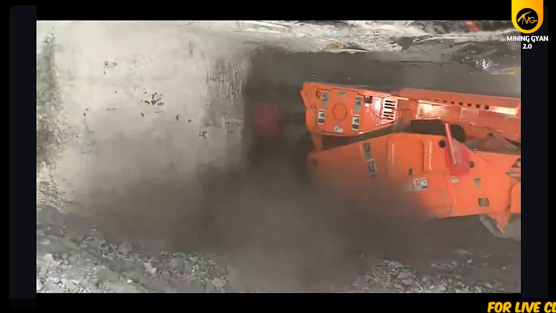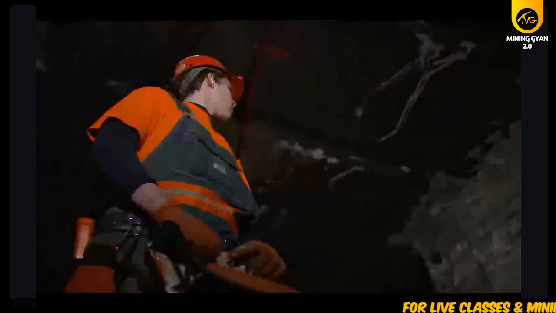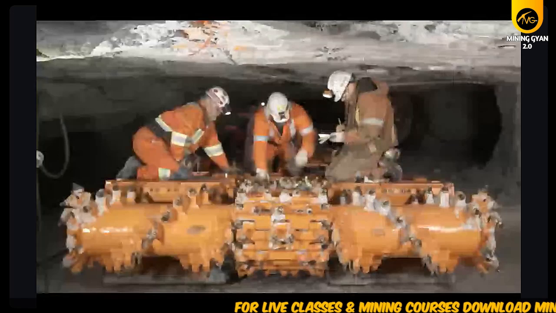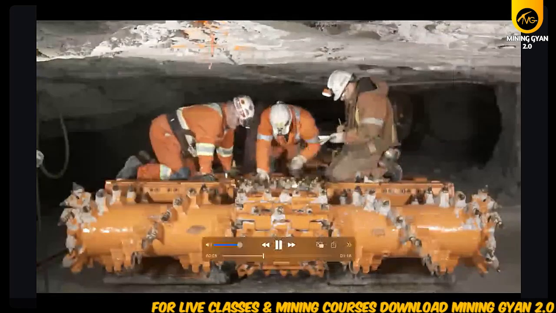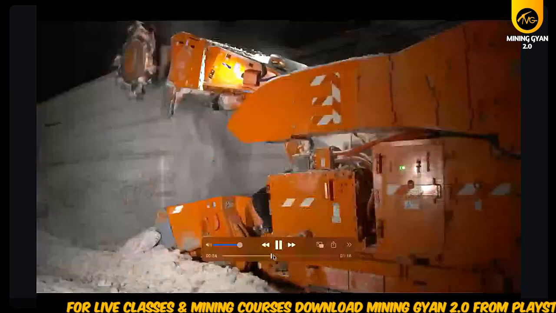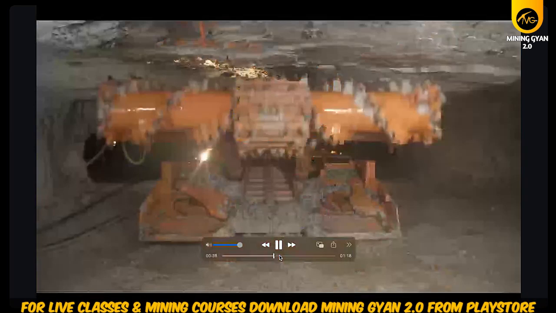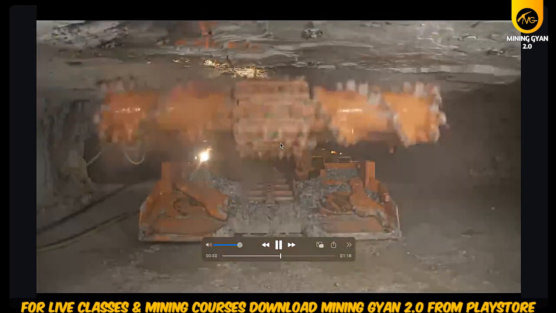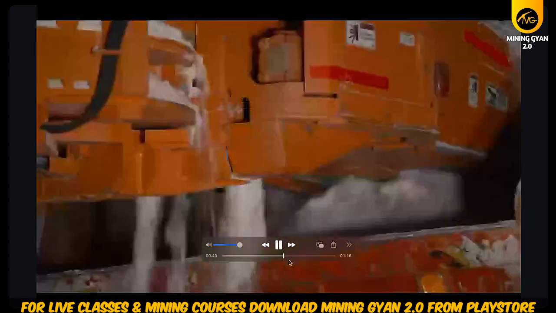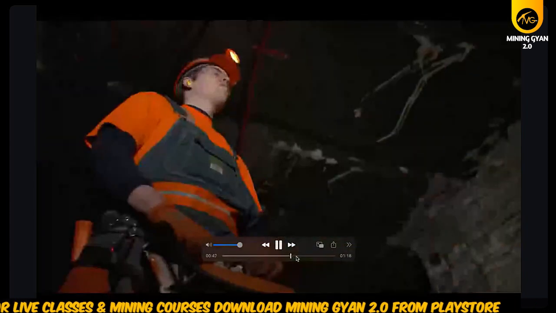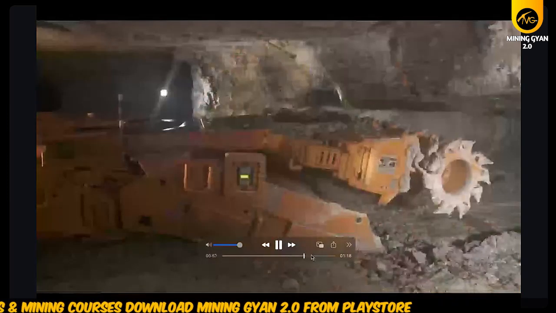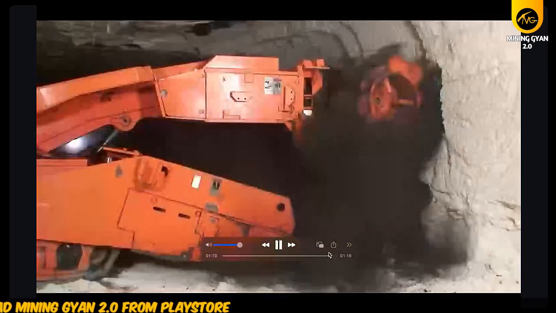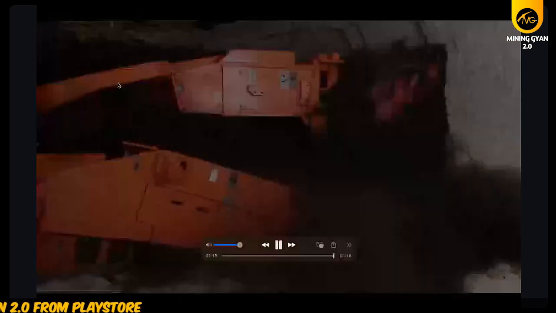And the bucket wheel excavator cuts down, and that also has a shiftable conveyor. And its boom can be moved vertically. It can be operated by remote.